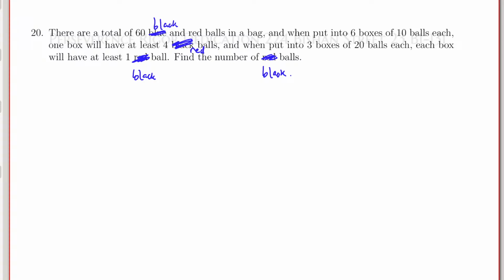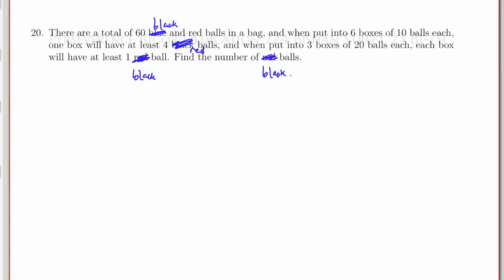The second condition says when put into 3 boxes of 20 balls each, each box will have at least 1 black. Let me see what this means. Okay, I understand what this means now.